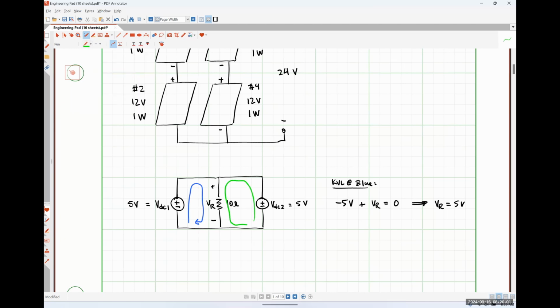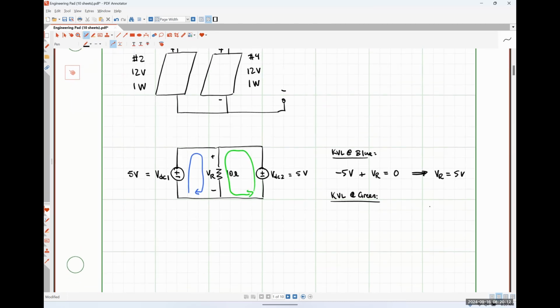Very similarly, I could do KVL around this loop. And I would have negative 5 volts plus VR is equal to 0, which means, once again, VR is equal to 5 volts.